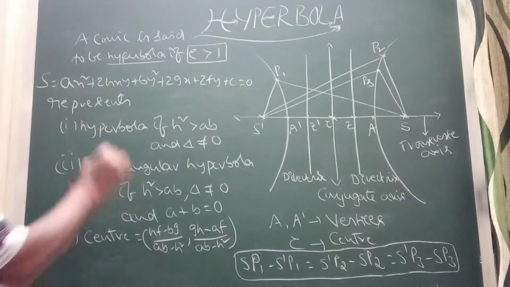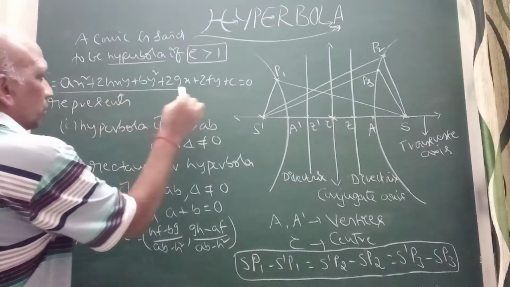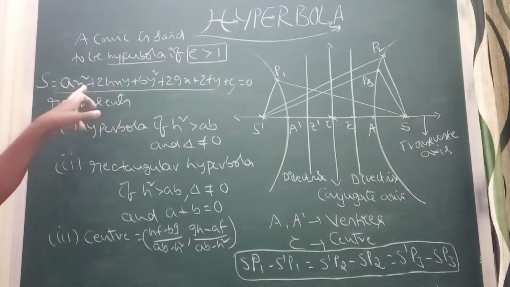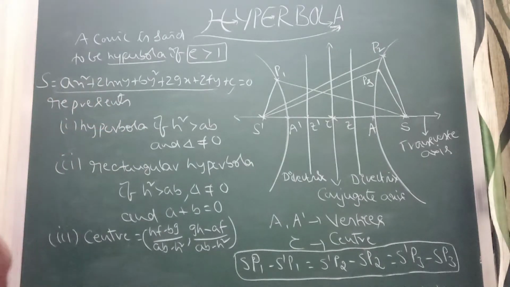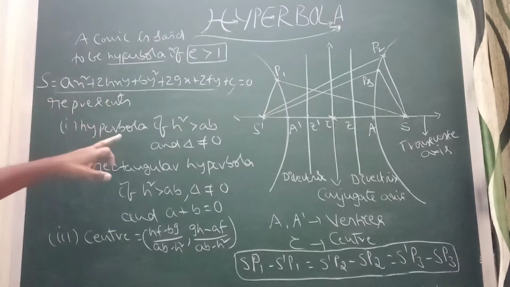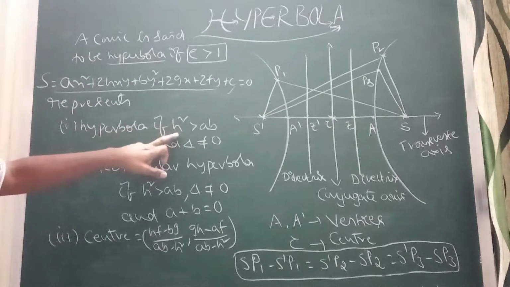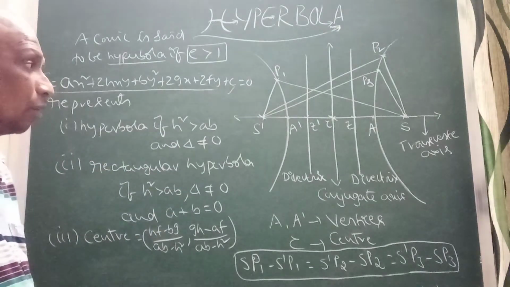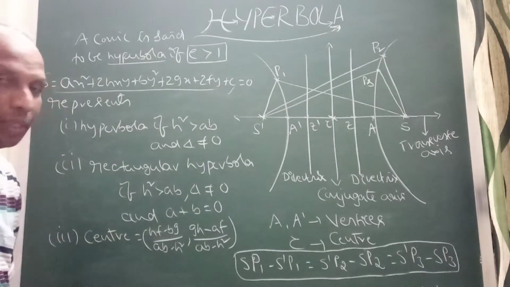Now, suppose this is a general equation, a non-homogeneous second degree equation, ax square plus 2hxy plus by square plus 2gx plus 2fy plus c equal to 0. It represents a hyperbola if h square greater than ab and delta not equal to 0. What is the meaning of delta? In the previous class we discussed delta.